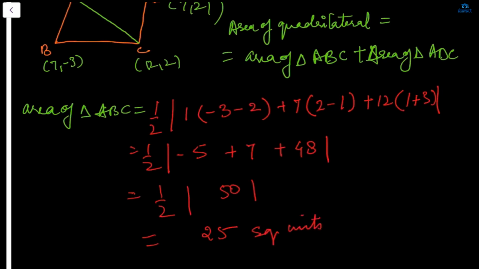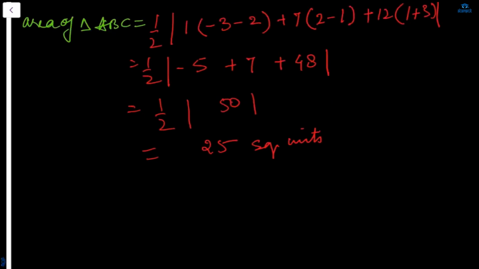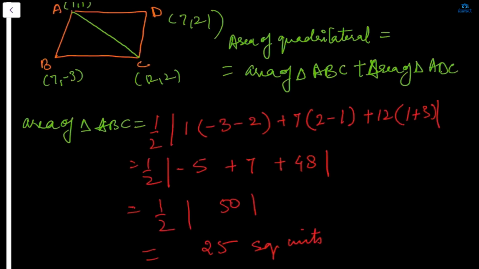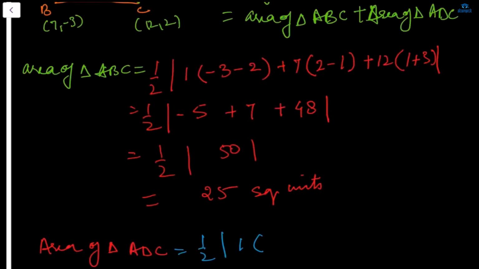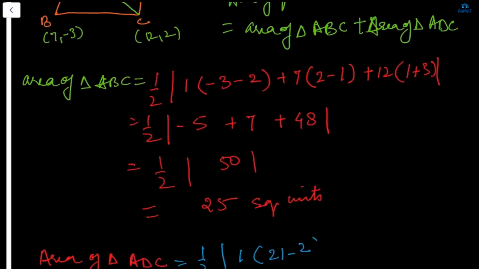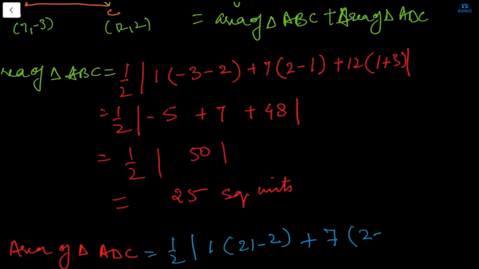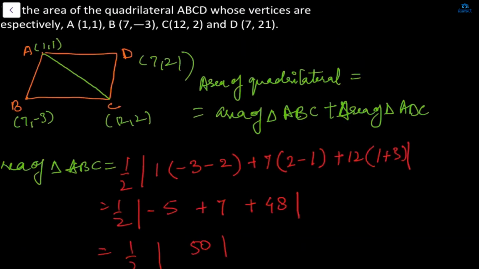Now we'll find the area of another triangle, which is triangle ADC. If you write here half, x1 is 1, then y2 minus y3, 21 minus 2, and then plus 7 times (2 minus 1), plus 12 times (1 minus 21).